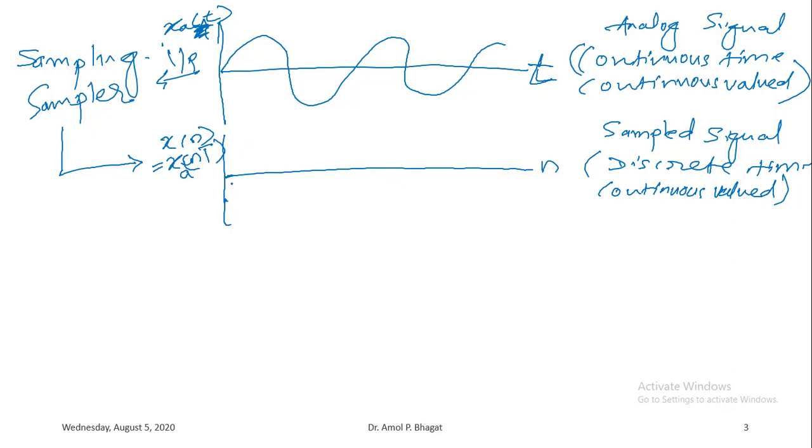So how will this signal be represented? In most of the books, a wrong representation of this sampled signal has been given.